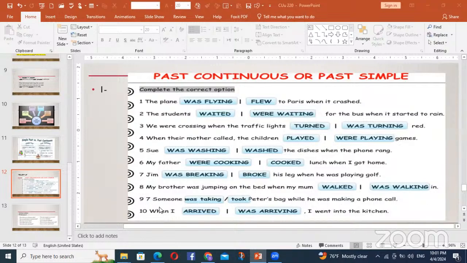Number 9. Someone, well, number 9. Anyhow, someone was taking, well, took Peter's bag while he was making a phone call. The sentence starts with someone. Someone was taking, well, took Peter's bag while he was making a phone call.